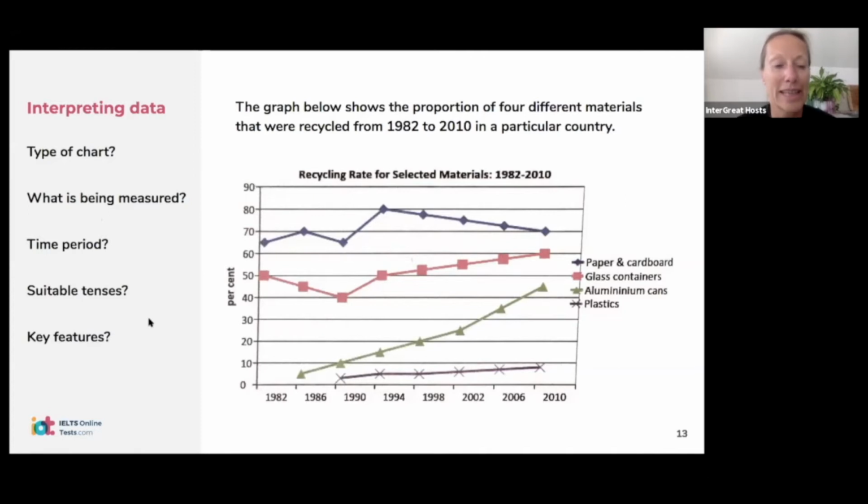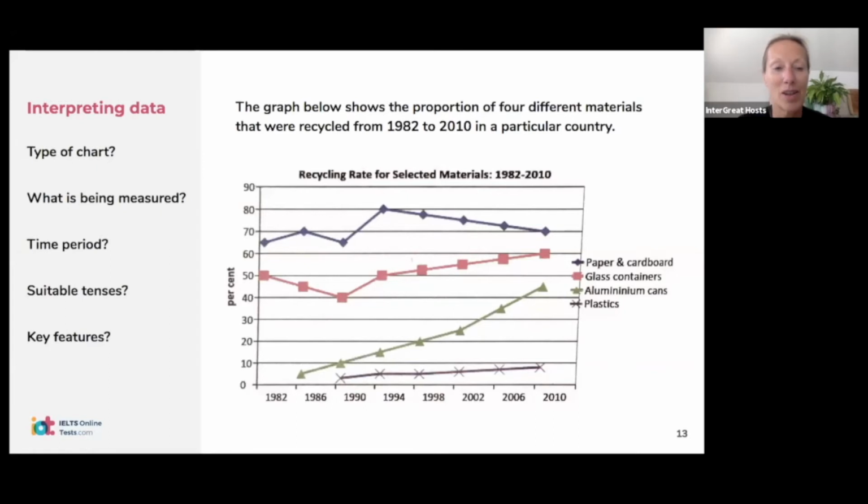And then what are the key features? So what are the things that you notice about this chart? What are the main things? You don't know, okay. Paper and cardboard. Yeah, so these are general things, but what do you notice in particular? Yeah, so Mohammed is on the right track. So the things that really stand out.